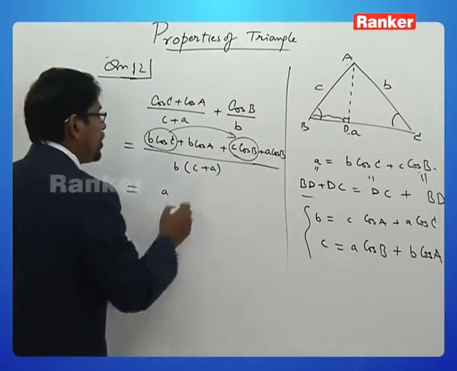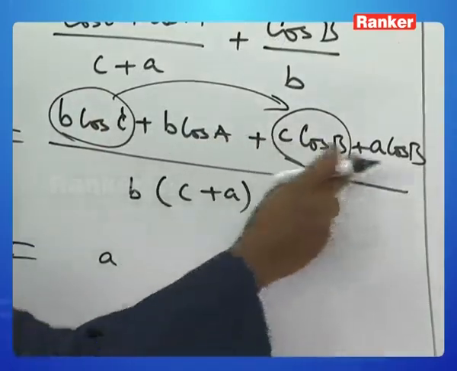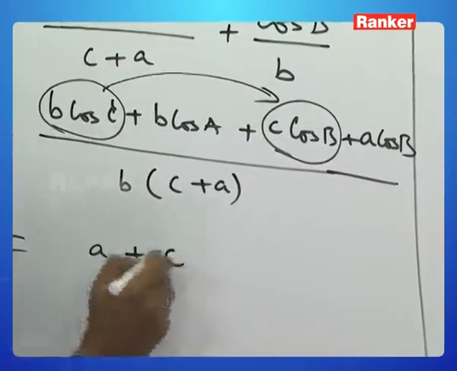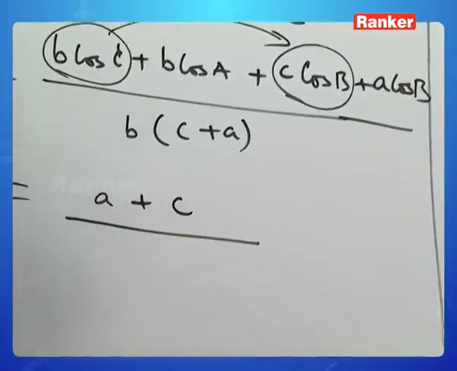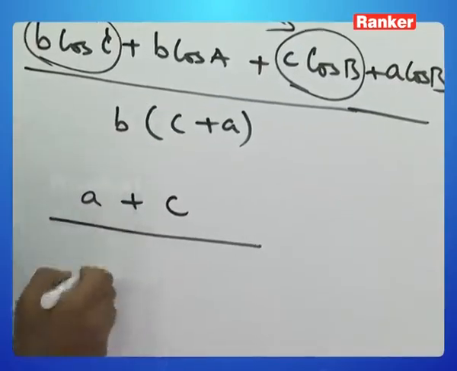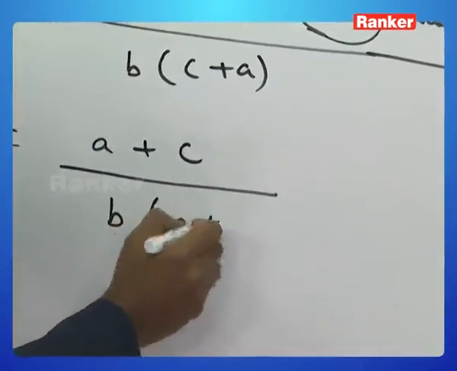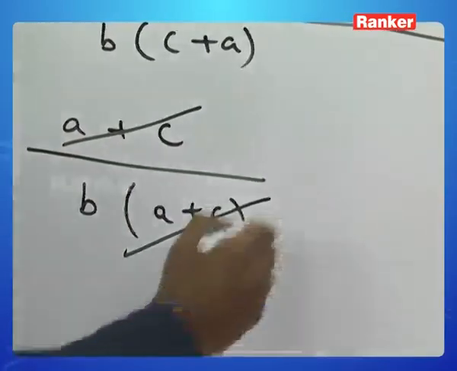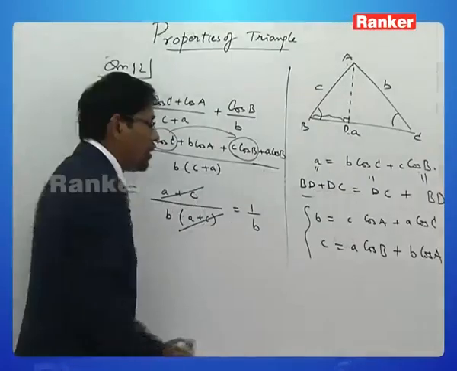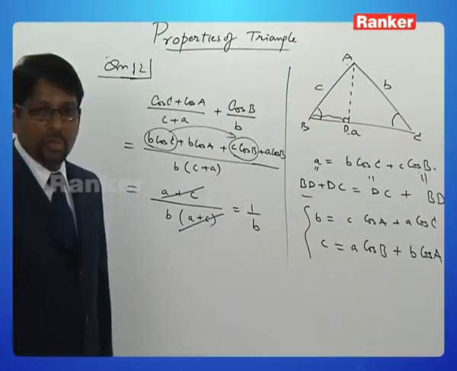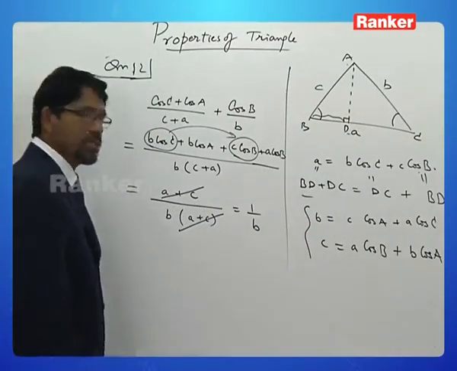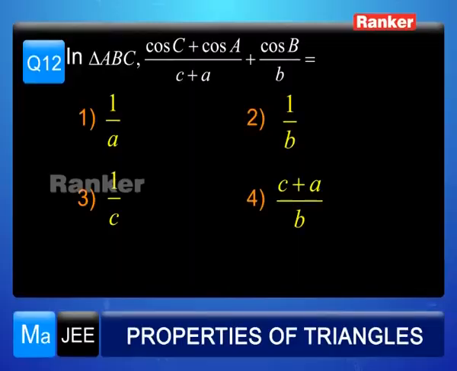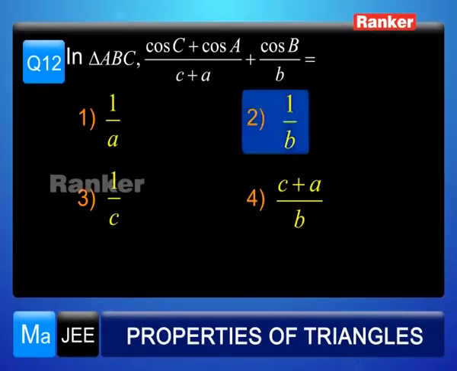That adds up to C. So in the numerator we have A plus C, and in the denominator we have B into A plus C. So A plus C and A plus C cancel, and we have therefore 1 upon B. So we repeatedly used the projection rule and we got this. What is the answer? The answer is clearly option 2.